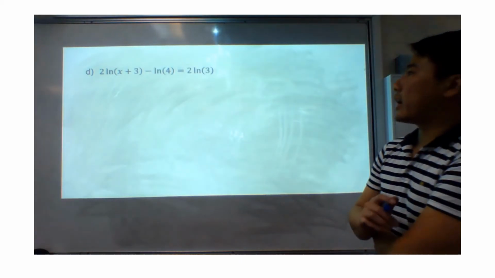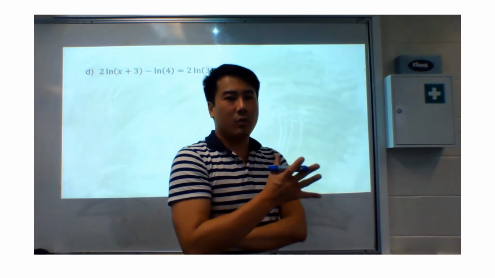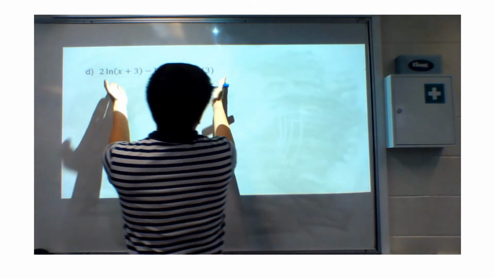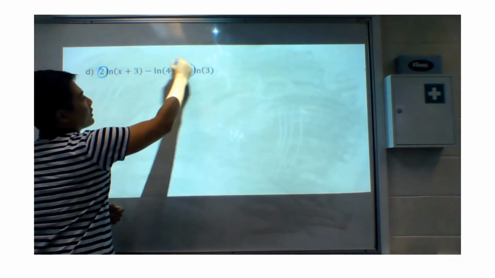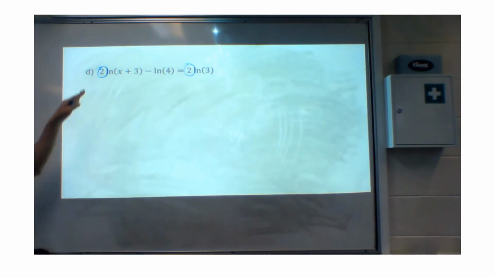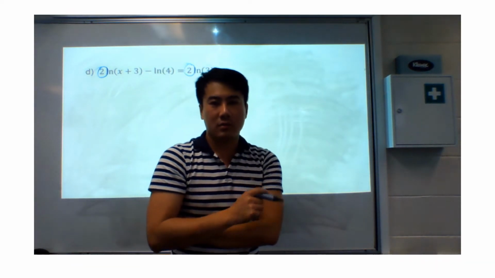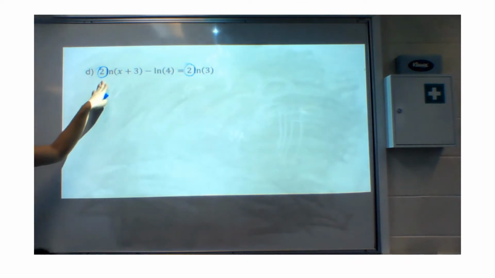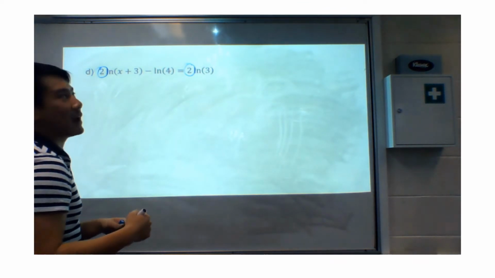Alright, let's look at D. How will we solve D? We need to, well, we did put it in the form that is solvable. At the moment, these 2's are not helping. I need to somehow work the 2 with what's inside the bracket. You need to remember which log law we can use. Right, now would be the one that has got to do with the power.